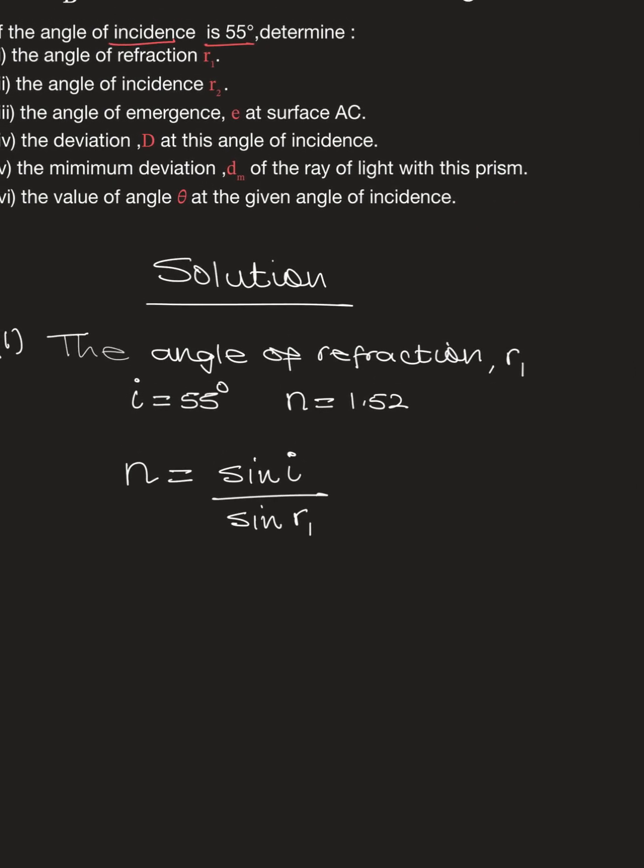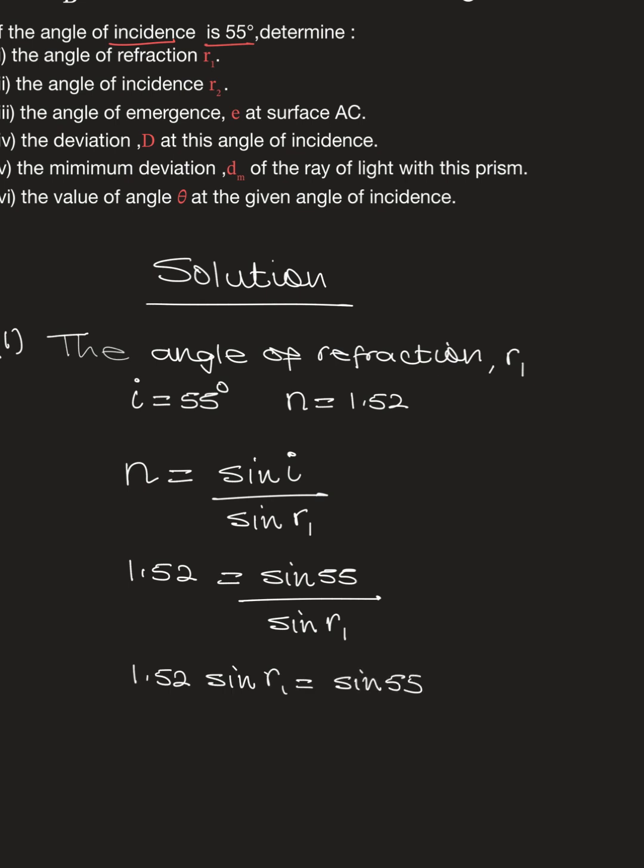The refractive index is 1.52. This is equal to sine 55 divided by sine R1. If I cross multiply, I will have 1.52 sine R1 is equal to sine 55.